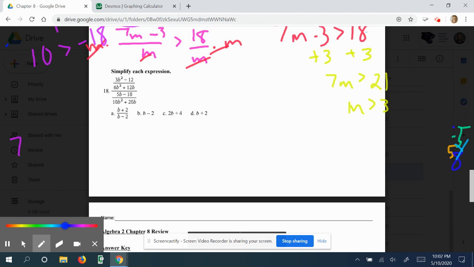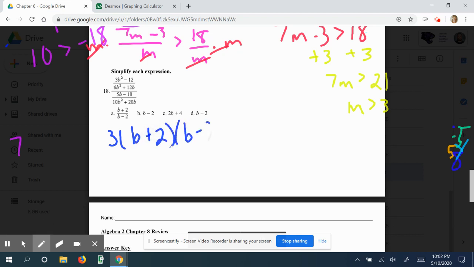So first, I can factor out a 3 from 3b squared, and I get b squared minus 4, which we can actually change because we know b squared minus 4 is actually b plus 2 and b minus 2, over 6b squared plus 12b. So I'm going to take out a 6b, and I get b plus 2.